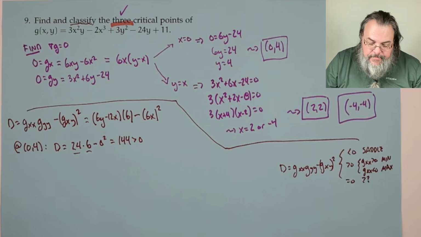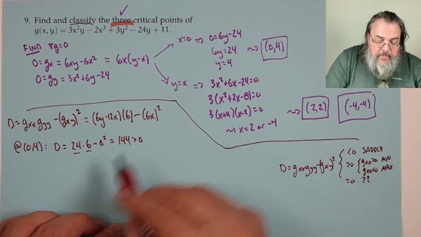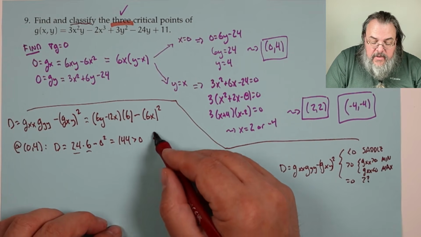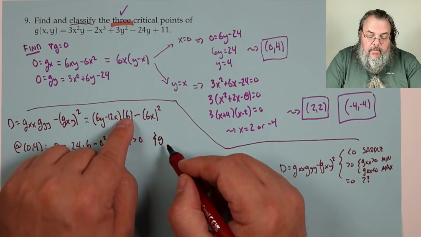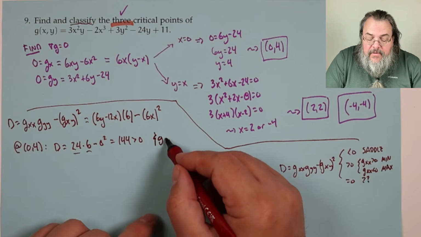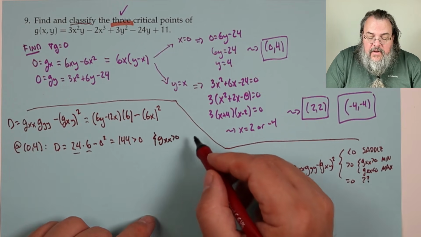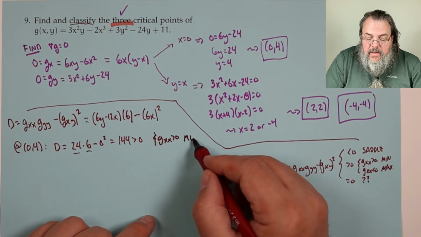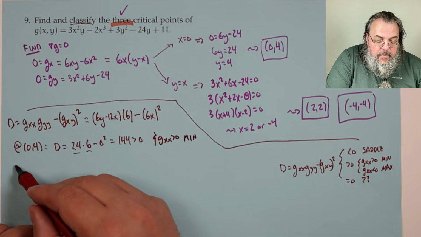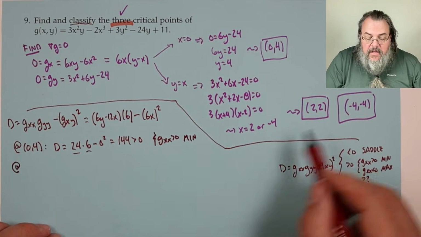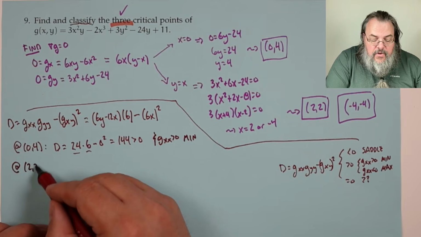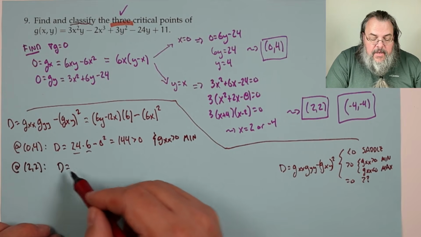All right. So we'll add a note: gyy is always positive, but gxx is positive, so that means a min. All right. We'll summarize this all in a minute. At 2, 2. Well, what's happening here?